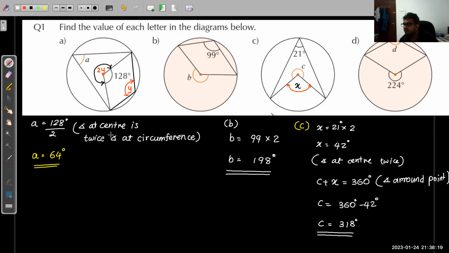That's easy, right? Try D also. D is 42.